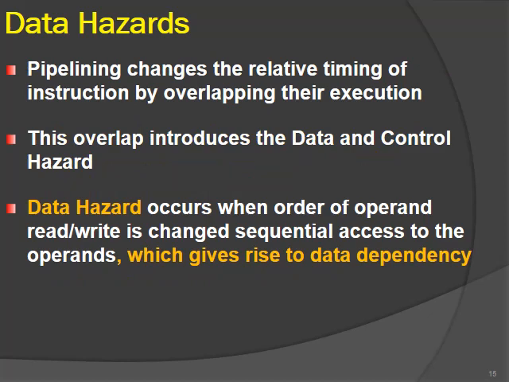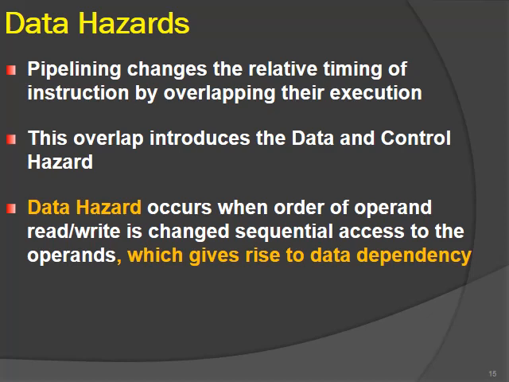Pipelining changes the relative timing of the instructions by overlapping their execution. This overlap introduces the data and control hazards. The data hazard occurs when the order of operand access, that is the read and write, is changed sequentially.